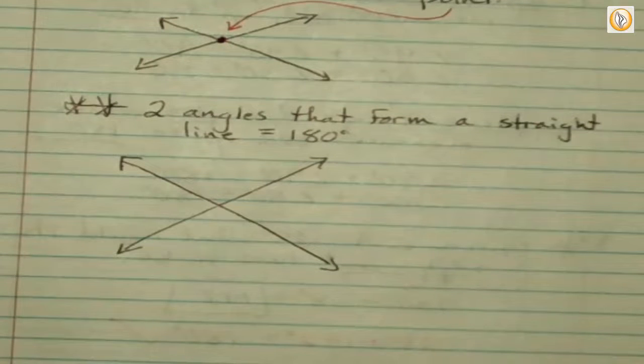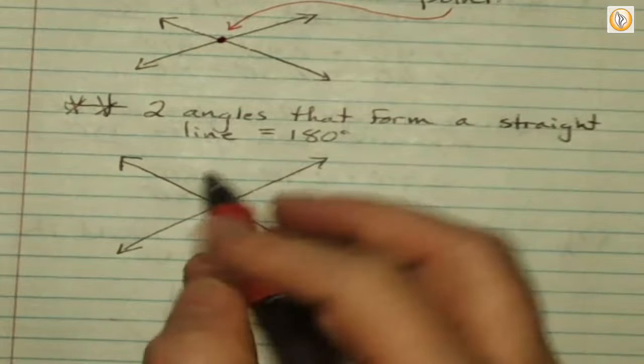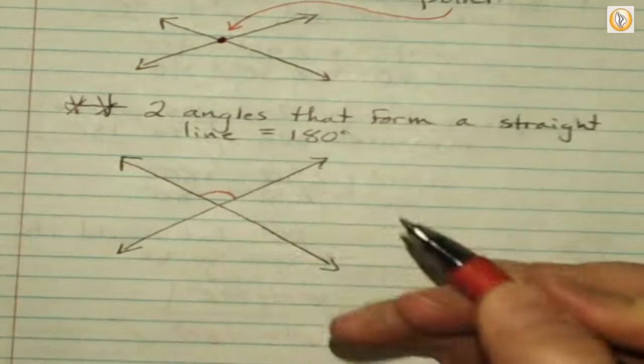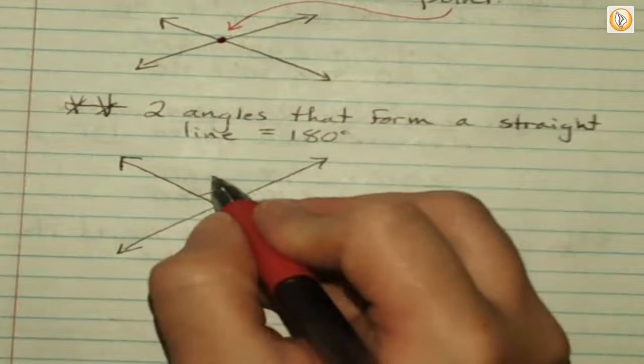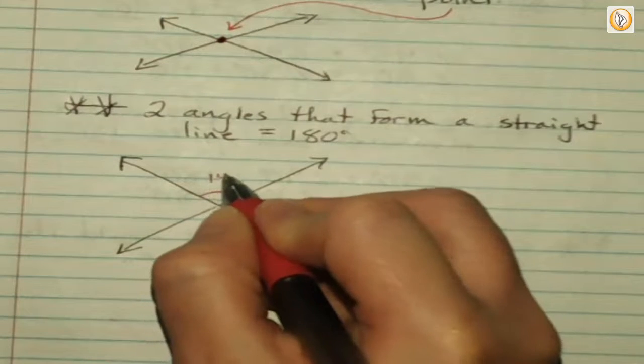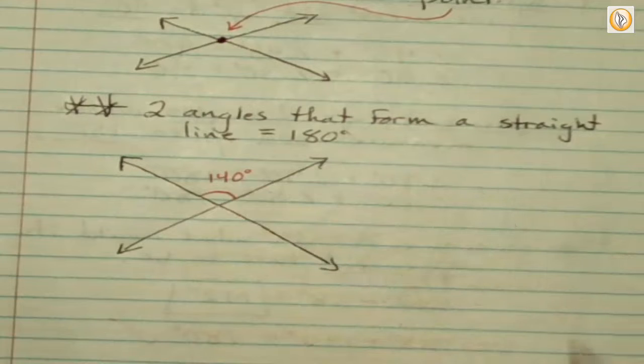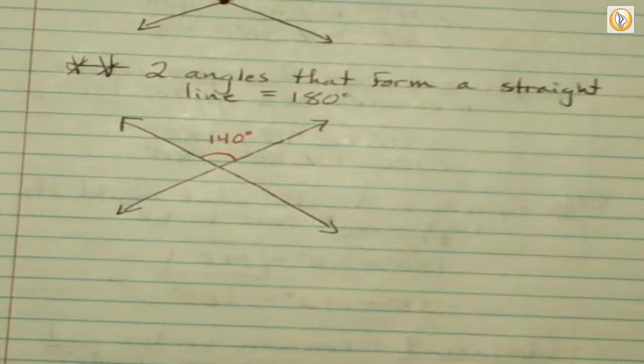They're going to give you this angle right here, they're going to say is 100, let's pretend it's 140 degrees. And they're going to say, what's the degrees of all the other angles? Just by knowing that.